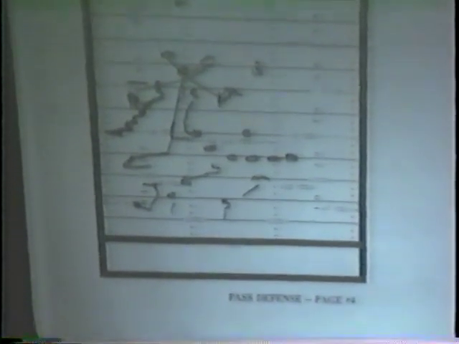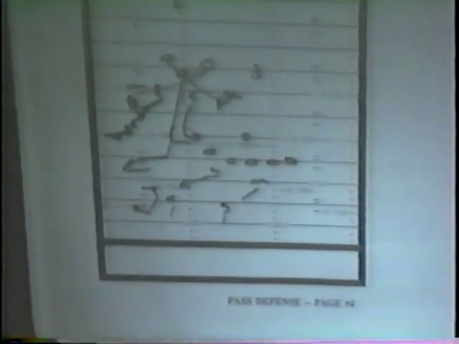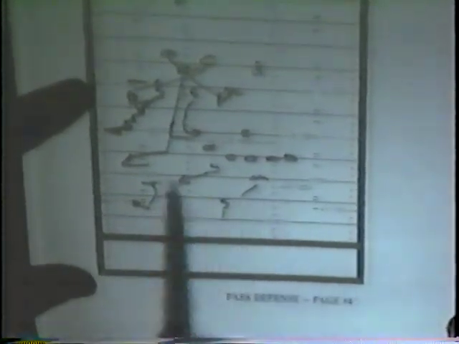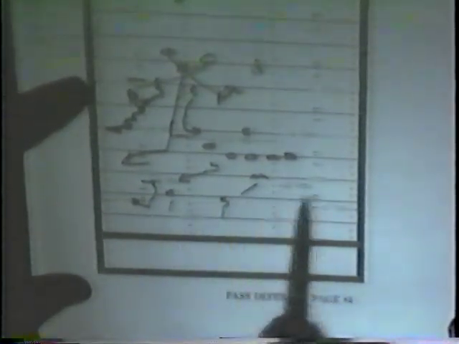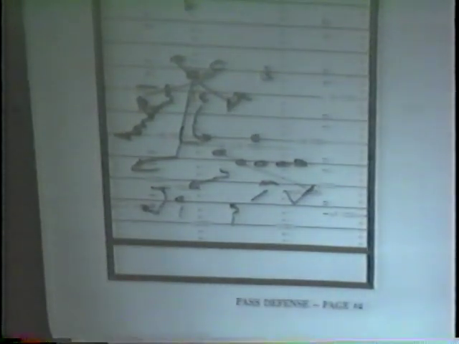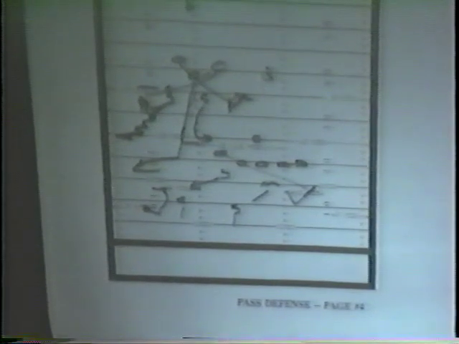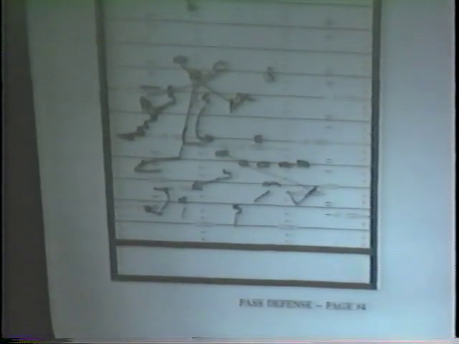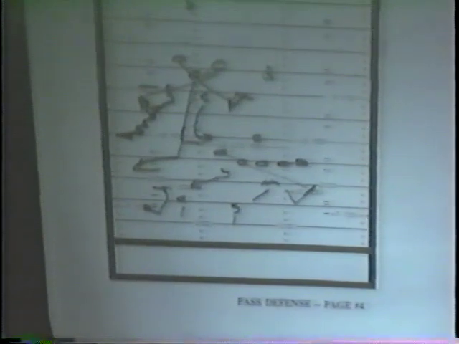You just slide back with him zone-wise. If these guys are playing man over here, then you might box that bunch because now when this guy does this, you've got to take him back because those guys are playing man-to-man or some kind of match coverage on that side. All right, does anybody have any questions?